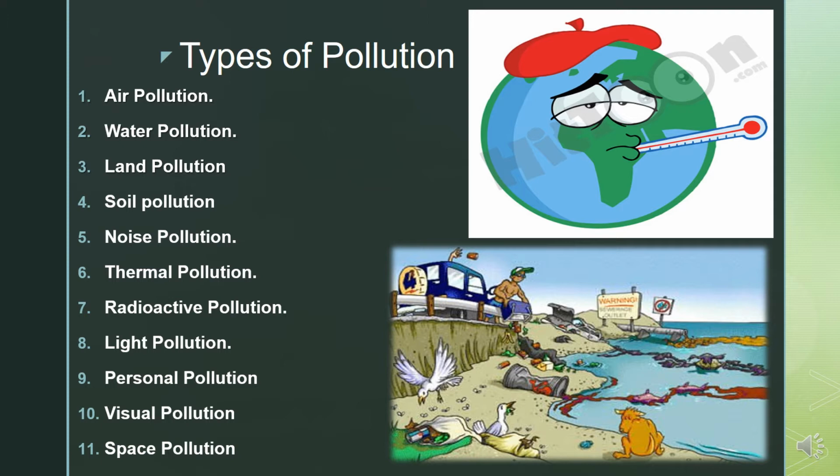Fifth one is noise pollution. Noise pollution refers to the presence of noise levels which exceed the recorded level or that will disturb, irritate or annoy living beings. Sixth one is thermal pollution.